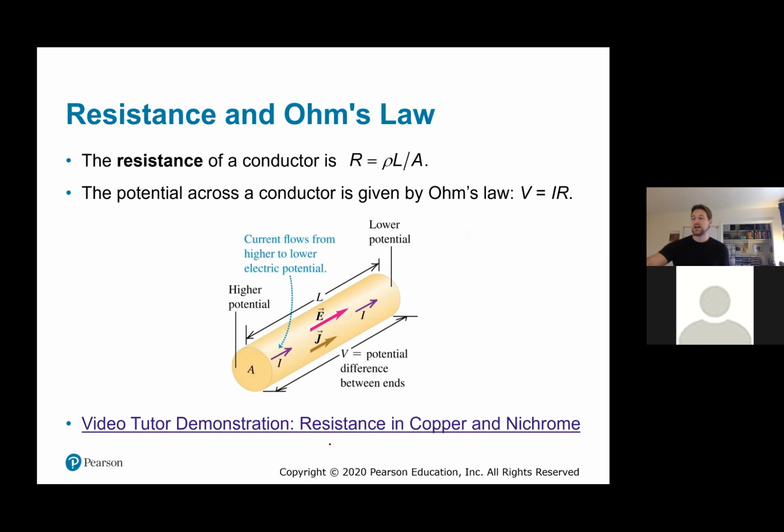Technically, our relationship that we defined before, that rho is E over J, technically, it does presume a linear relationship between electric field and current density.